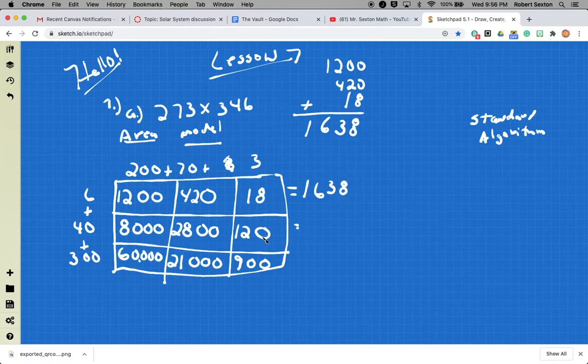Now I have to do this row. Let's see. I'm going to do that one up here. I've got 8,000 plus 2,800 plus 120.